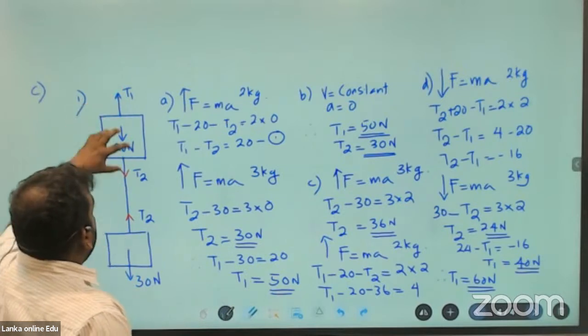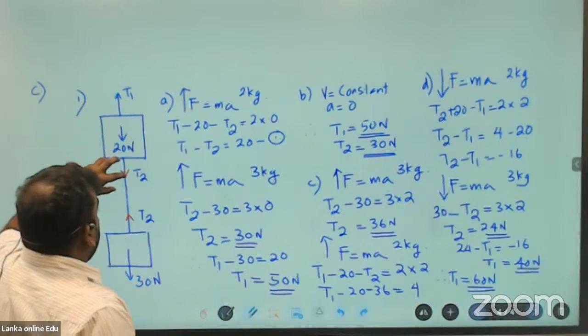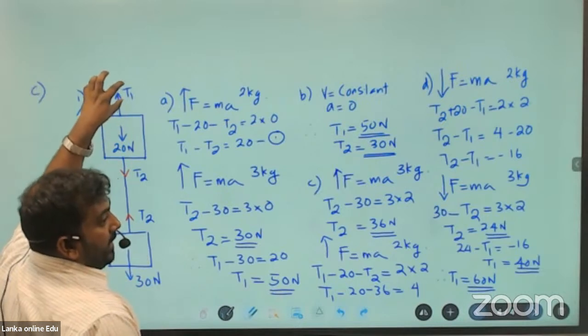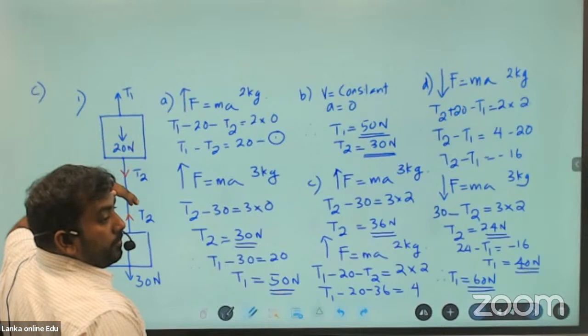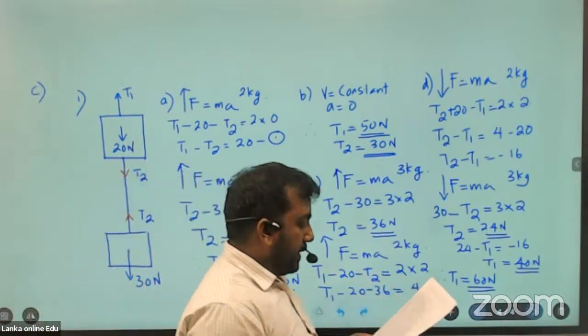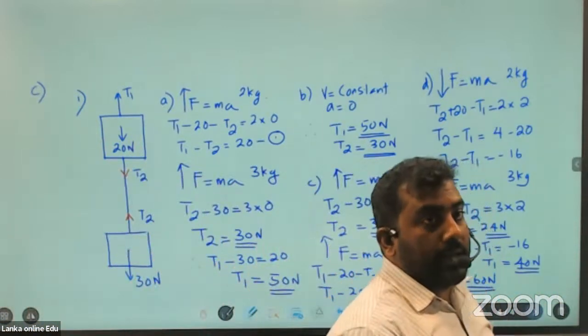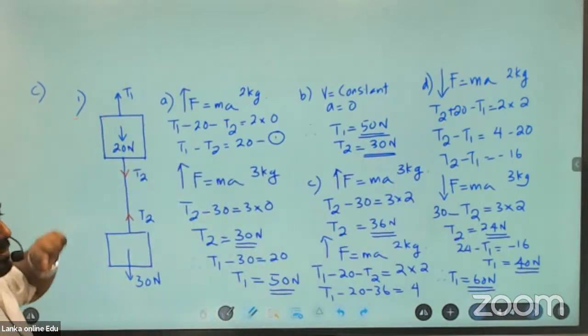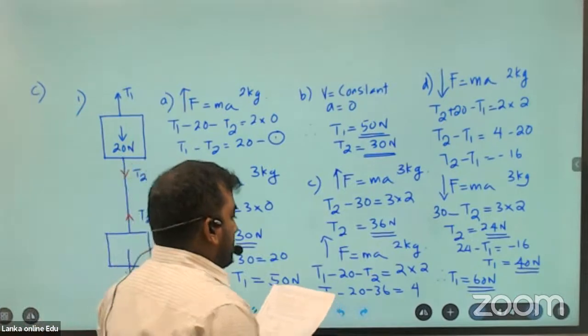This weight is there, and this weight is also there. So the greatest possible tension can happen in the upper rope, not the middle rope. Roman number 2: the greatest possible force occurs on the upper rope.